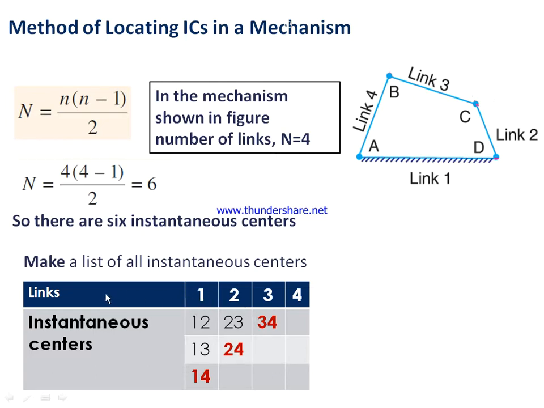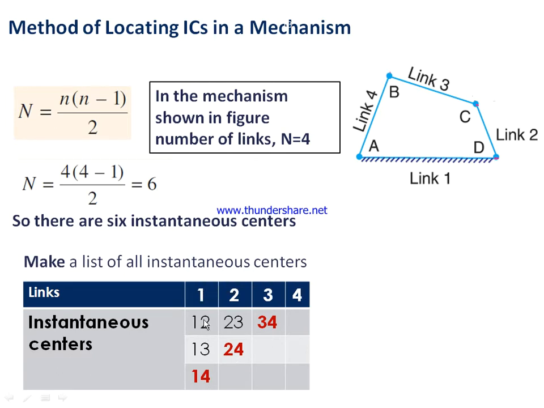I repeat, prepare this table and write down the number of links. Here there are 4 links, 1, 2, 3 and 4, and in these columns we will fill in the instantaneous centers. Take link 1 and make combinations with the other links: 1, 2, 1, 3, 1, 4.